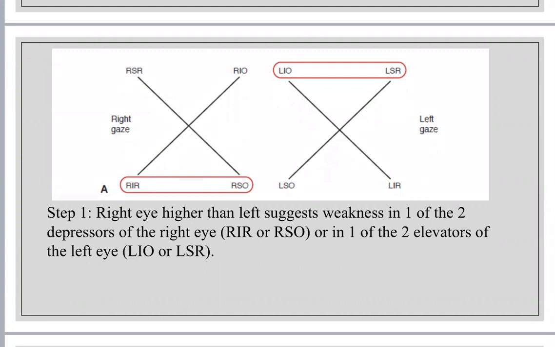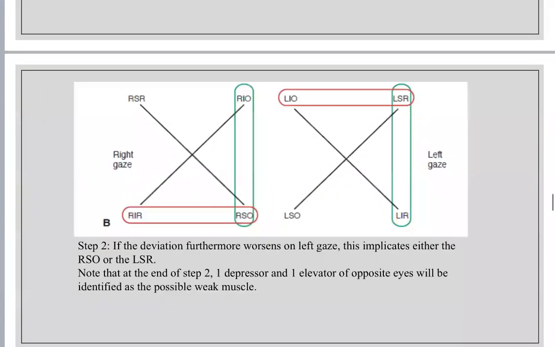Okay. The second step is to make the patient look to the right and look to the left. Okay, if the patient is looking to the left gaze here and here in the left gaze, the diplopia is worsened. This means that the problem is in the muscle which is acting in the left direction. Here, look at this one. These are the left muscles, and these are the left muscles.